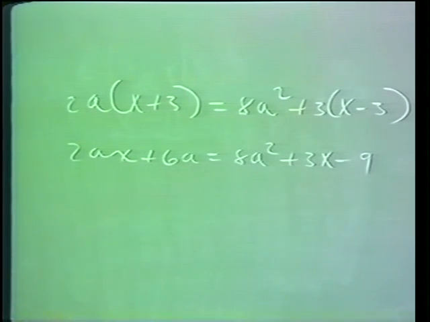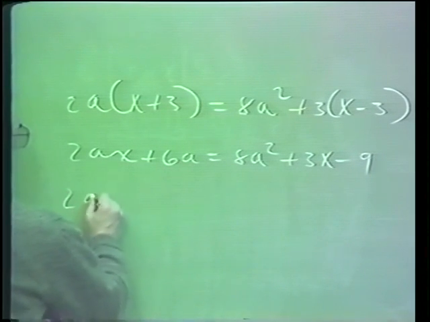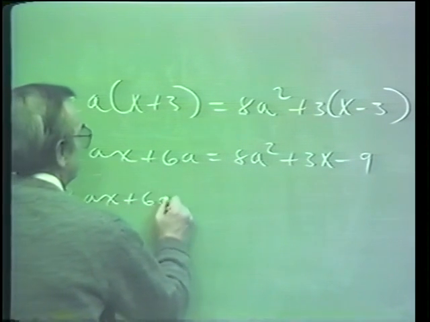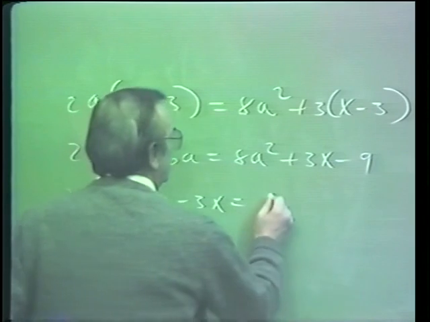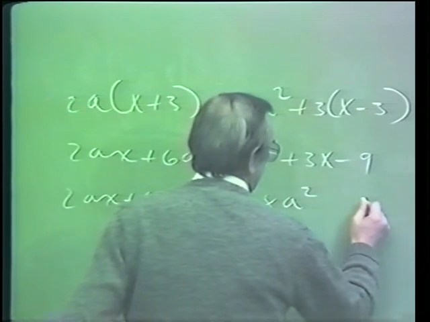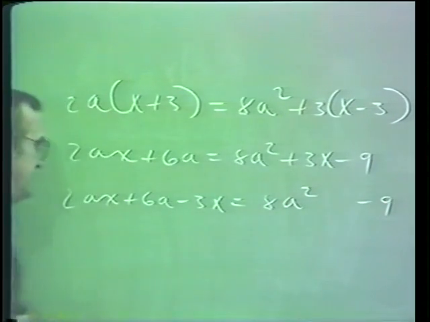Well, there are no terms that we can combine. Step 4 says get all the terms with a variable on one side. Get all the terms with x on one side. That means I have to add a negative 3x to both sides. And there I have added a negative 3x to both sides. This is what we have.